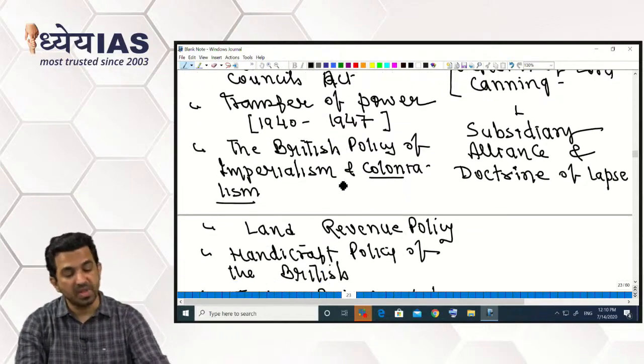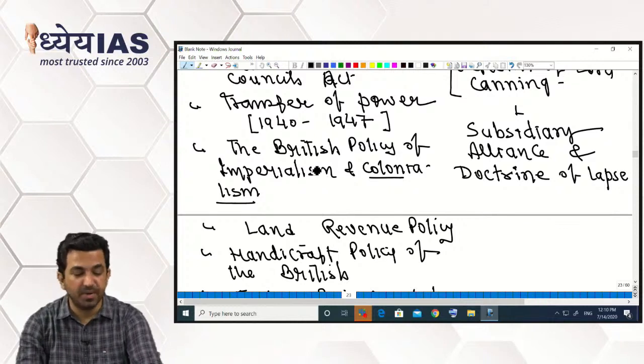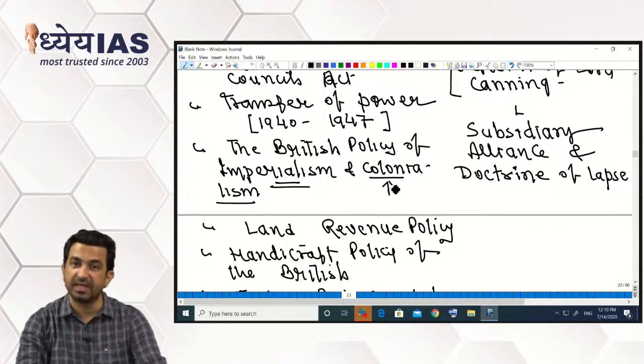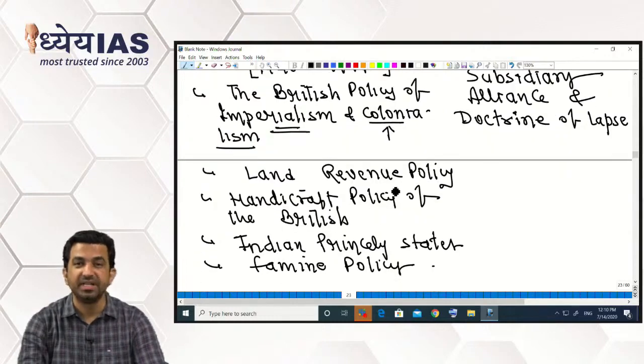And the British policy of territorial conquest and system of exploitation, then the British Lagan Bandobast or land revenue policy, handicraft policy of the British, policy towards Indian princely states, and famine policy.